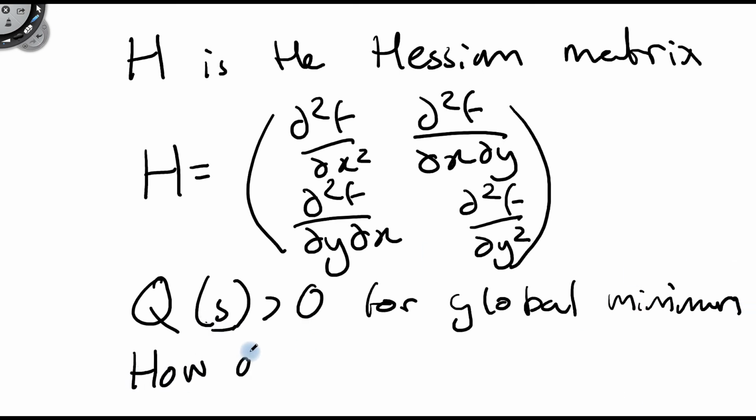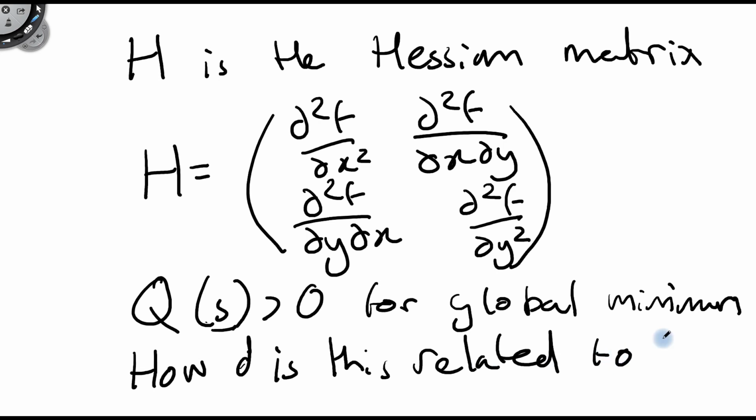How is this related to H? So Q of S has got all our derivatives, which we can compute. So what do we then need to do to H to satisfy this global minimum property? I'll leave you to think about that. Of course, you can just look ahead in the lecture notes if you want to find the answer, just read ahead. Okay, see you next time.